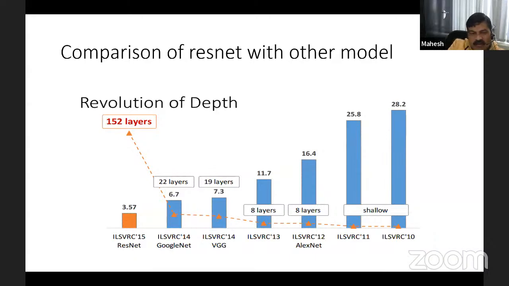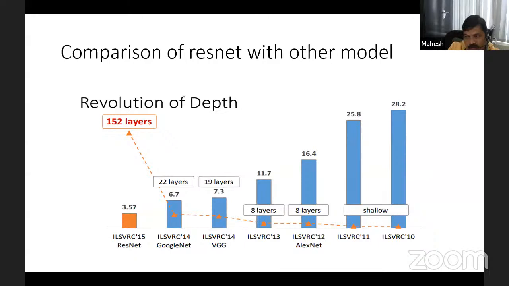But people are not so interested in the number of layers. They want more and more accuracy, because nowadays we have very good resources because of parallel computing and very good hardware. It depends on the application, and application is very important. Then people go for accuracy. Accuracy is more important, and in the medical domain we have to be concerned about accuracy.